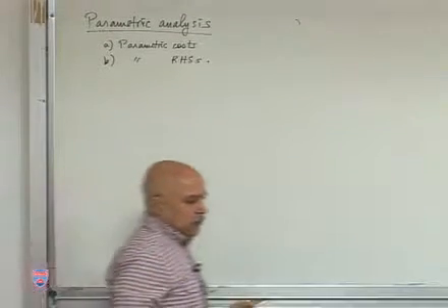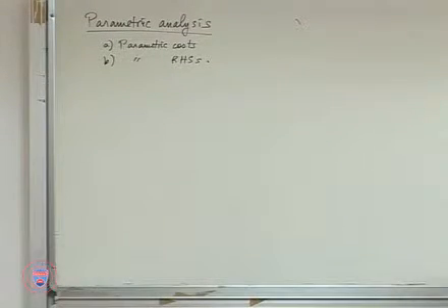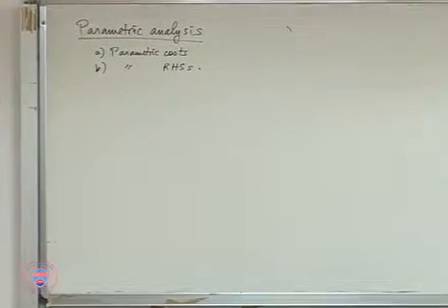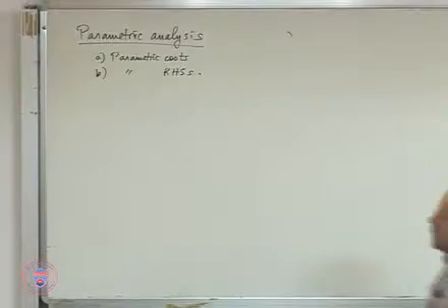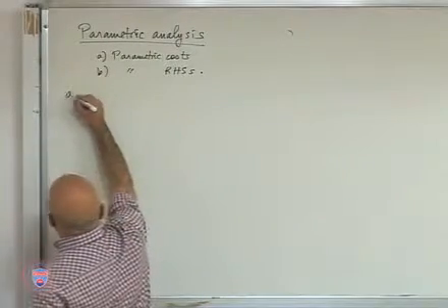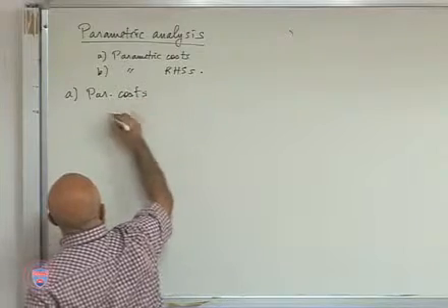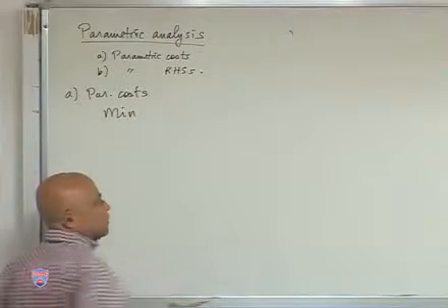We're going to look at only two cases of parametrization, either parametric costs or parametric right-hand sides. So let me go with the first case, parametric costs. Suppose we have a minimization problem.